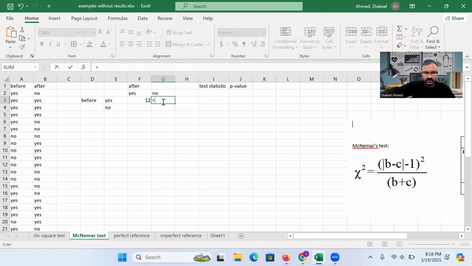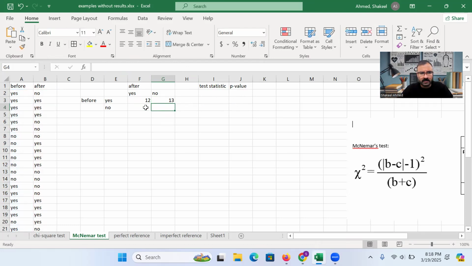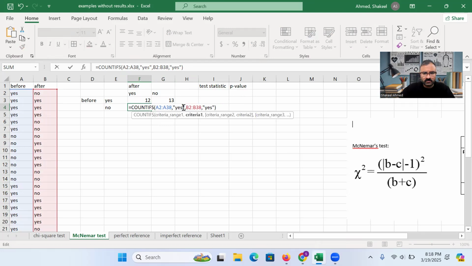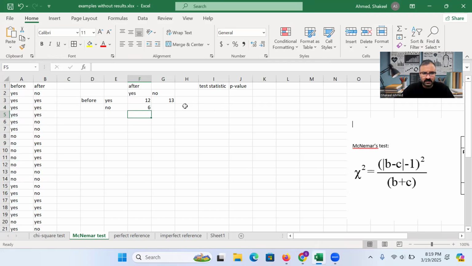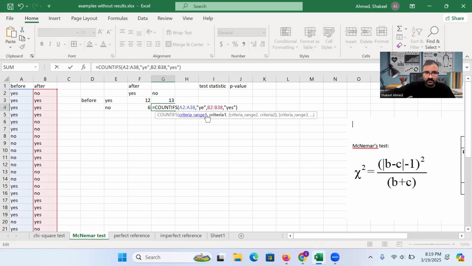You can write here and just change it to no, meaning before yes and after no. And we can see before no and after yes. And finally, no and no.